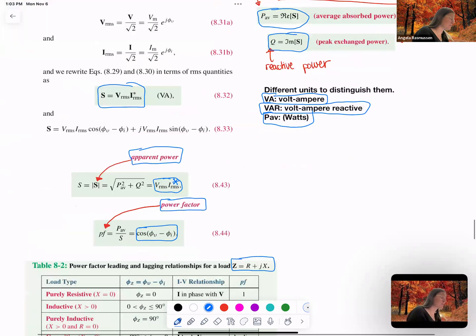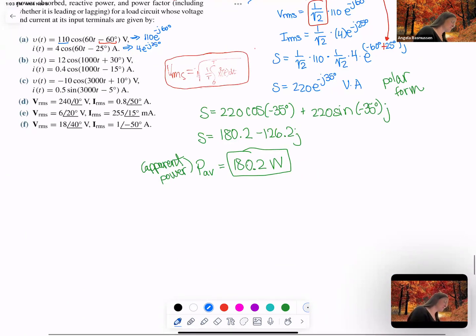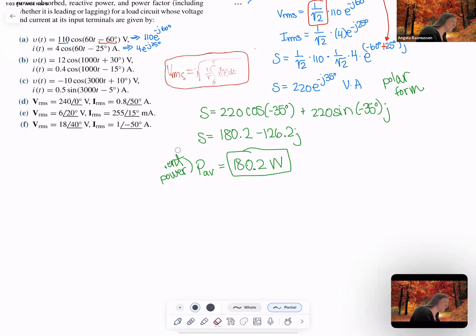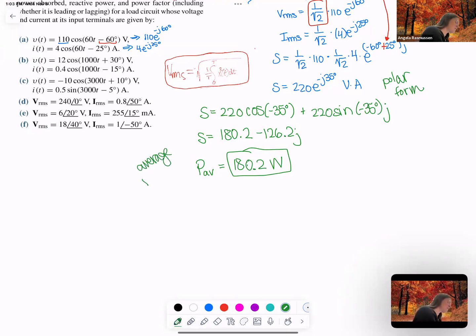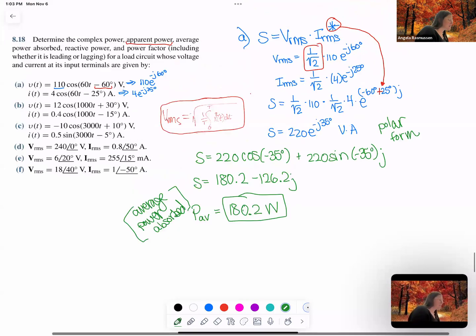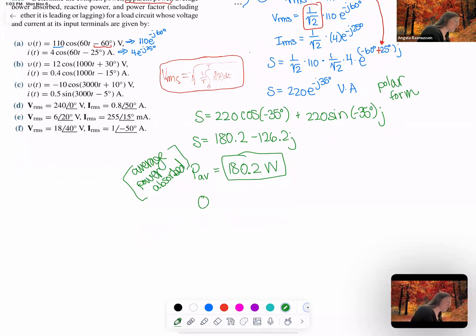That's the average power absorbed, just 180.2, and that's in watts. And then the reactive power is going to be the Q, and that's going to be the minus 126.2.